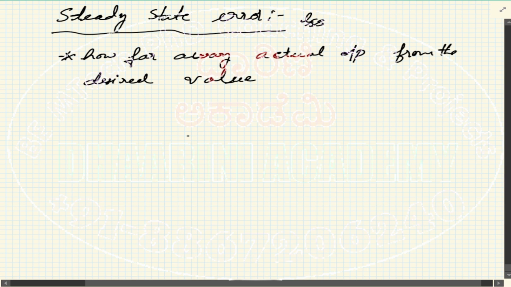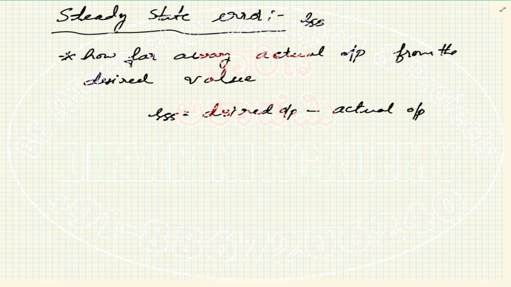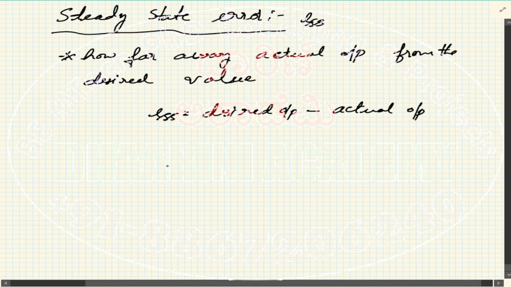So we can try to measure this. E steady state is the desired output minus the actual output. Now let's try to write the error signal for both cases.